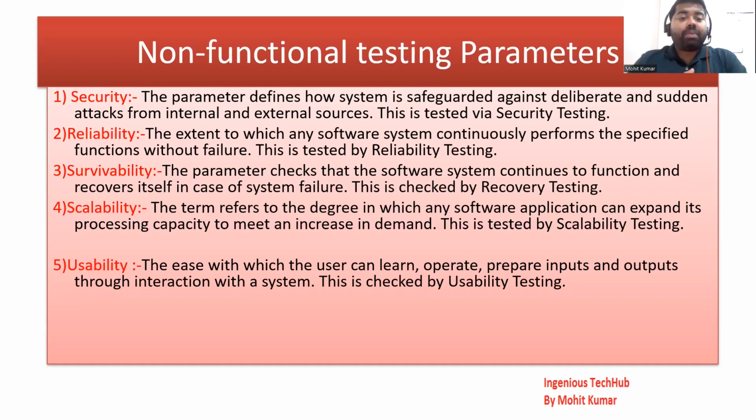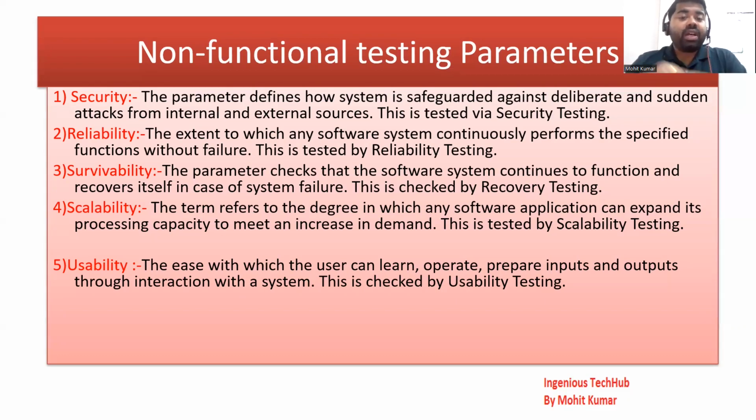Security means the parameter defines how the system is safeguarded against deliberate and sudden attacks from internal and external sources. This is tested by security testing. Reliability means how stable your application is, the extent to which any software continuously performs the specified function without failure.